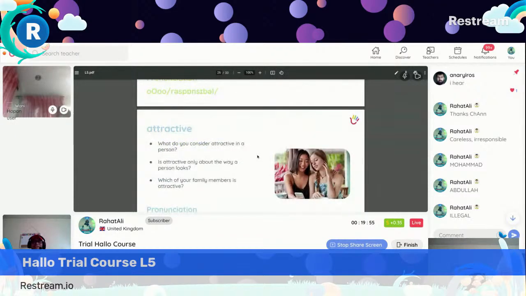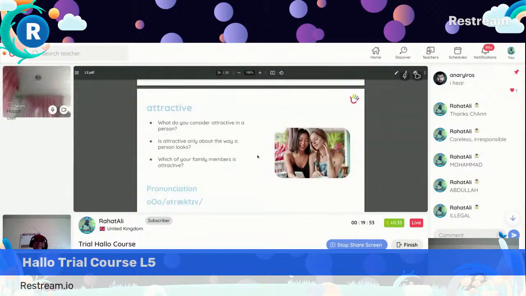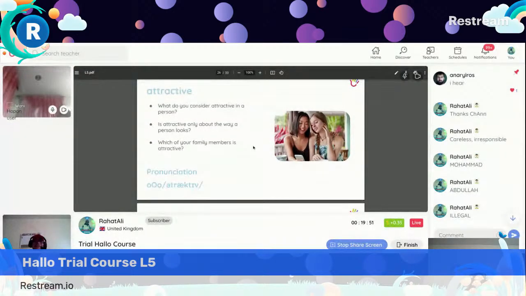Okay, so attractive. It's only for the girls, eh? What do you consider attractive in a person? Yeah, always beautiful. Is attractive only about the way a person looks? Yeah, it's attractive, but I think intelligent is also something attractive in a person.